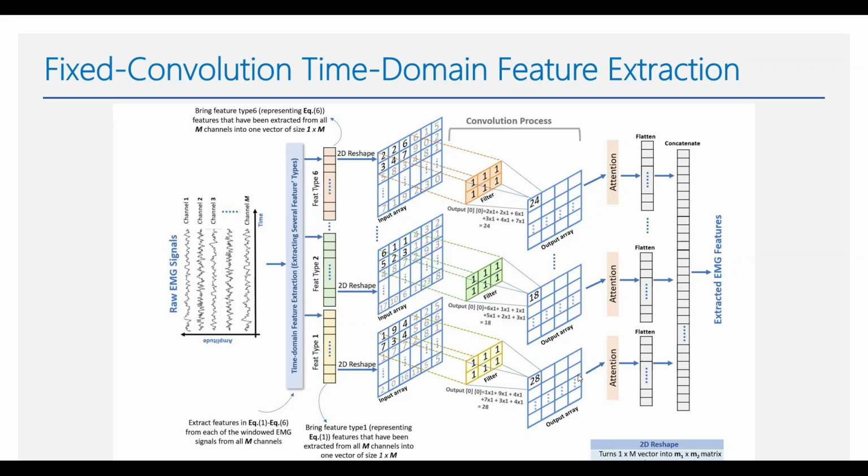And then you apply some sort of attention, flatten it, and concatenate everything together. So again, you start with the raw EMG signals, use a sliding window approach, and feed that section into a time domain feature extraction process. For example, if you have 16 signals and you are extracting the root mean square, you will end up with a vector with a size of 16.